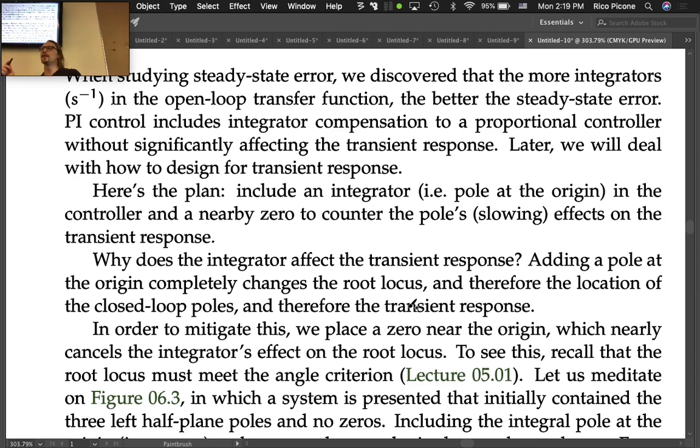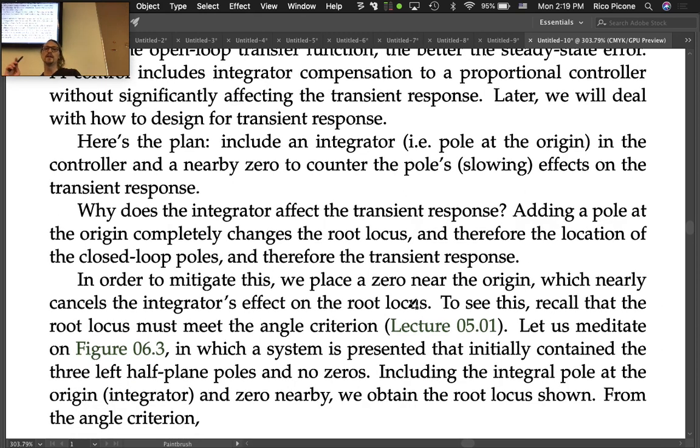Why does the integrator affect the transient response is a natural question to ask. If you add a pole at the origin, it completely changes the root locus. You can imagine even just the real axis rule: starting at the far right when you're sketching the root locus, and you march leftward. As soon as you hit a pole or a zero, you have locus, then no locus, then locus, and no locus, alternating, right?